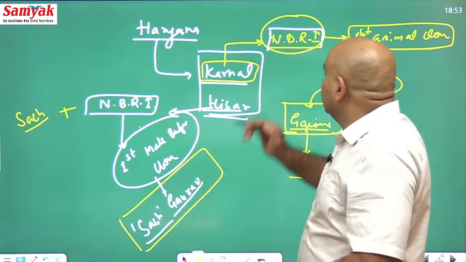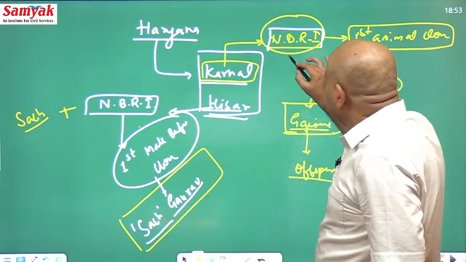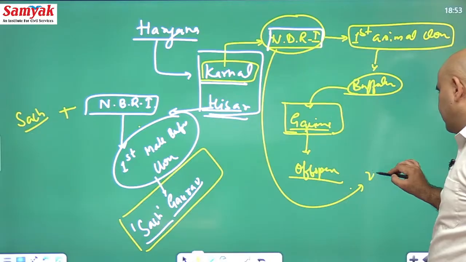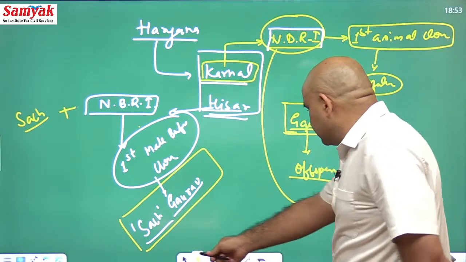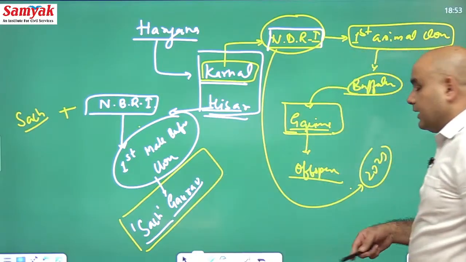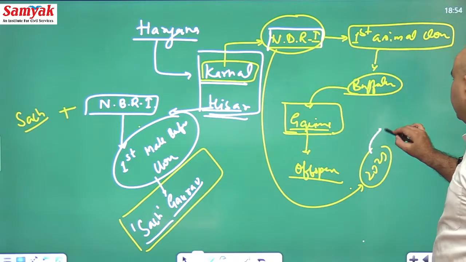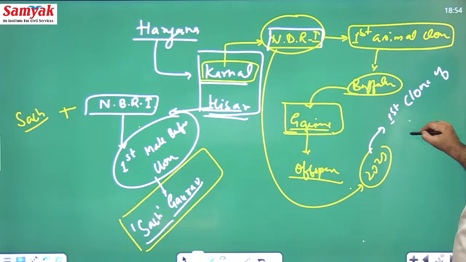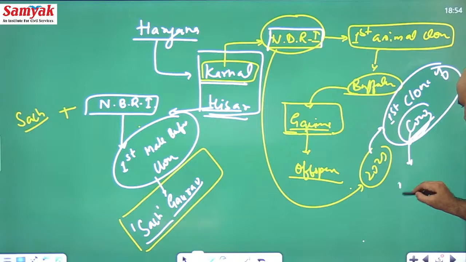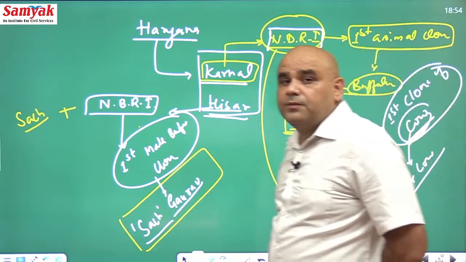The answer is that Karnal NDRI announced in 2023 that we have attained success in preparing the first clone of a cow in India. And this cow is a Gir cow. You know very well that the Gir cow is the famous cow of Gujarat.